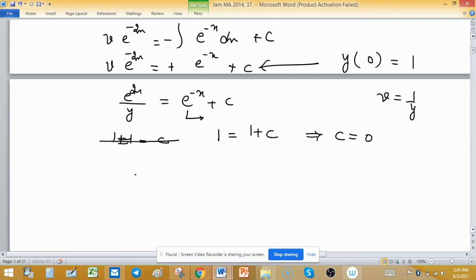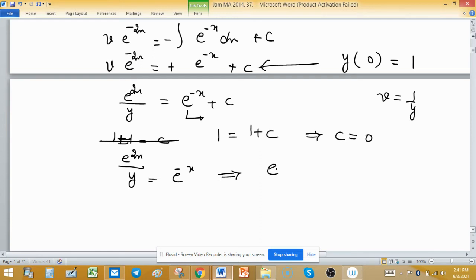That means 1 upon y is equal to e raised to the power minus x, so y is equal to e raised to the power x. Or you can write e raised to the power 2x is equal to e raised to the power minus x times e raised to the power 2x; divide by e raised to the power minus x.